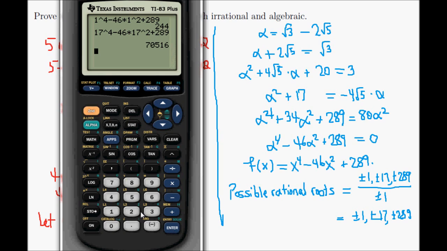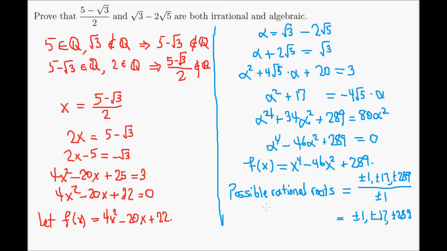And if I take 289 to the 4th minus 46 times 289 squared plus 289, again, I don't get 0. I get something quite large. That's the positive ones. The negative ones will also work out in much the same way. So none are roots.